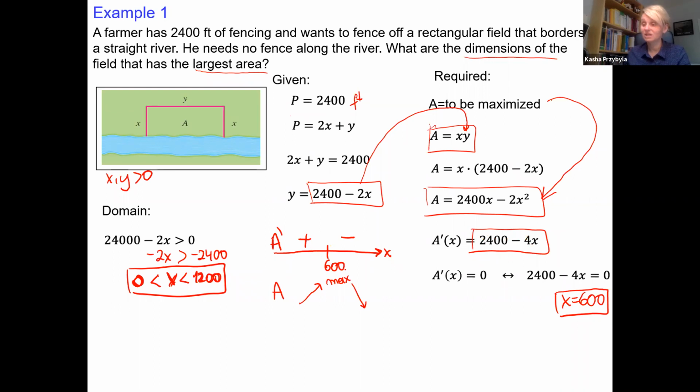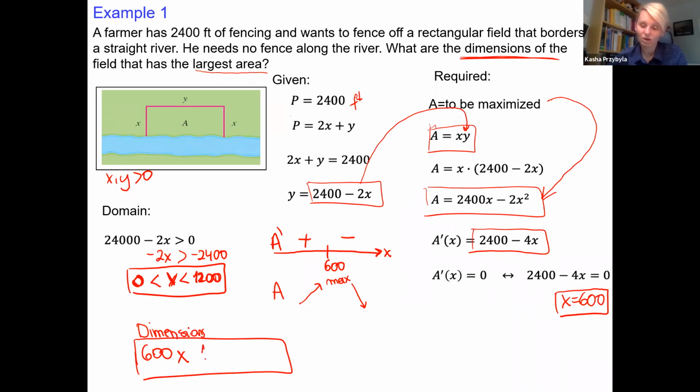That we will have 600, and what is the final answer? Do you remember the last point? We have to always look at what they're asking for. That means the final answer is 600 by, because we need dimensions. Dimensions. 600 by 1,200.